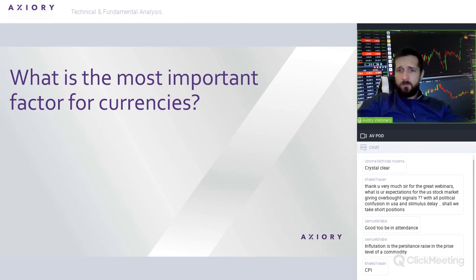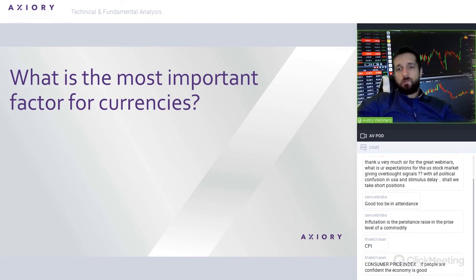Okay, so as for this, CPI, you say. CPI, yes, it is very important because, as we said, central banks look at CPI in order to decide about interest rates.